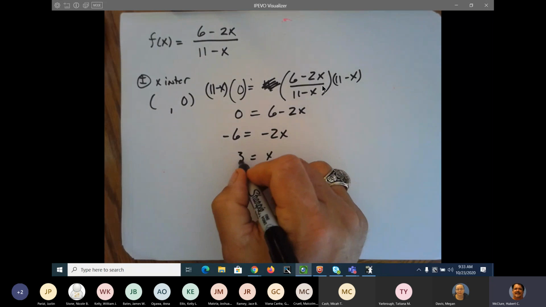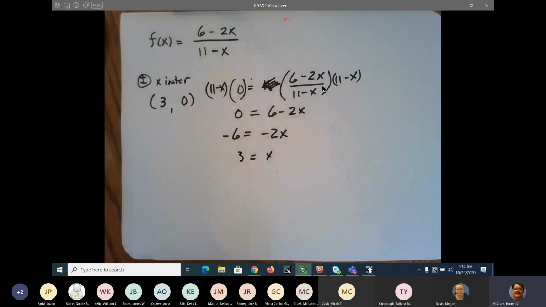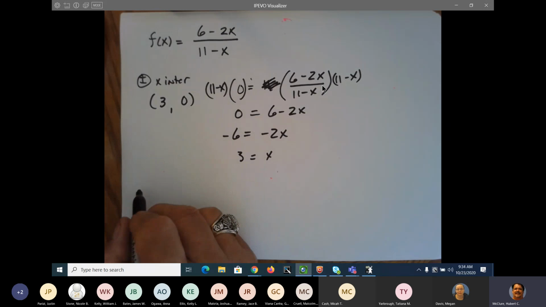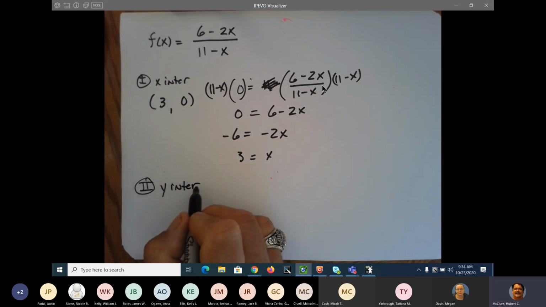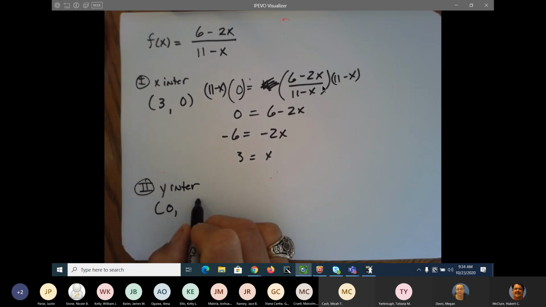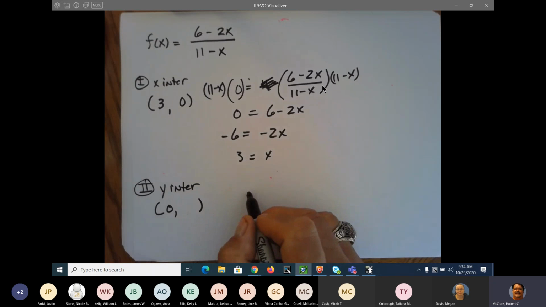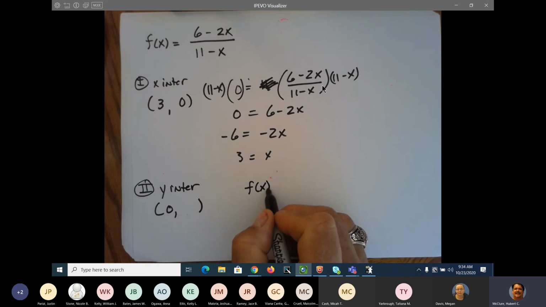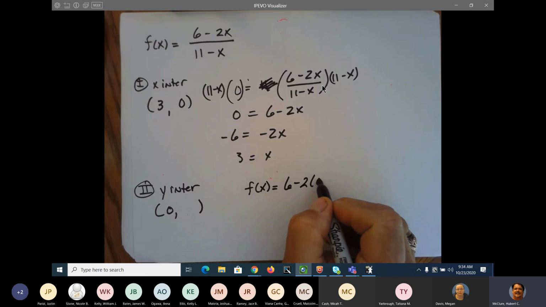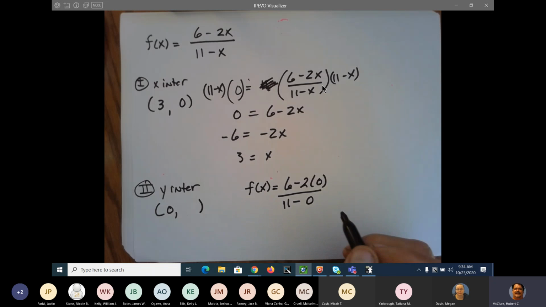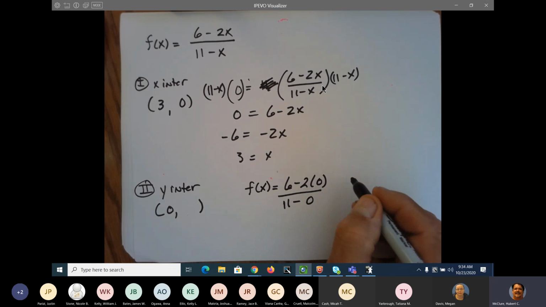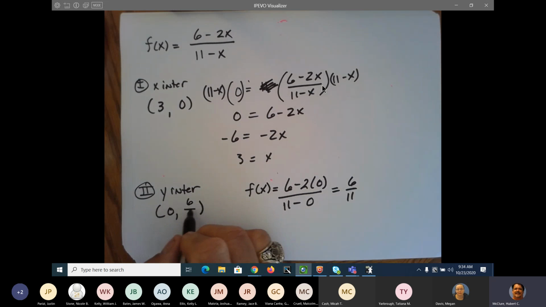X is equal to 3. So there is our x-intercept. Y-intercept, 0 for x. F of x is equal to 6 minus 2 times 0 over 11 minus 0. And 6 over 11 is our y-intercept.